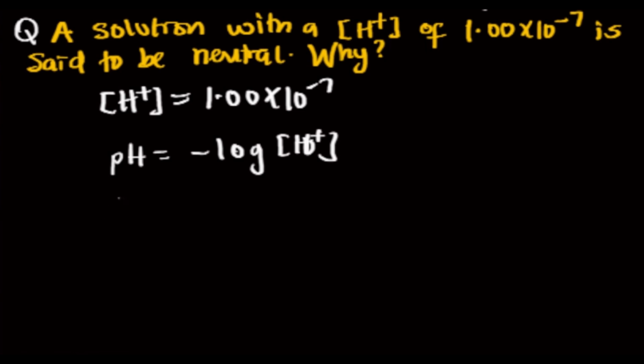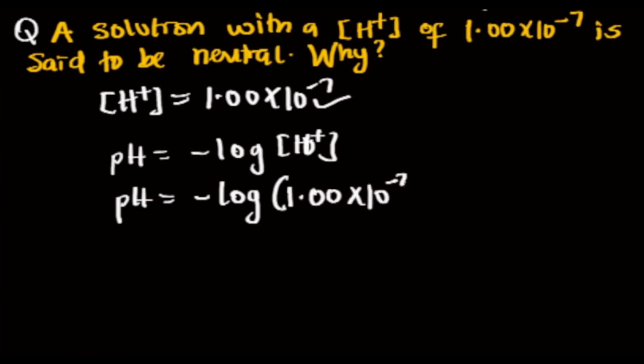So I'm going to have pH equal to negative logarithm of the concentration of hydrogen, which is 1.00 multiplied by 10 raised to the power minus 7. This 1.00 is still the same as 1. Then I'm going to have pH equal to negative logarithm of 10 raised to the power minus 7. And look at that, whenever we are talking about logarithm, we always take it to be base 10.